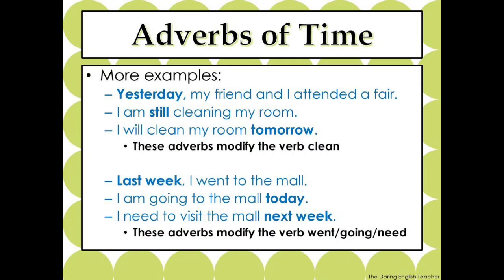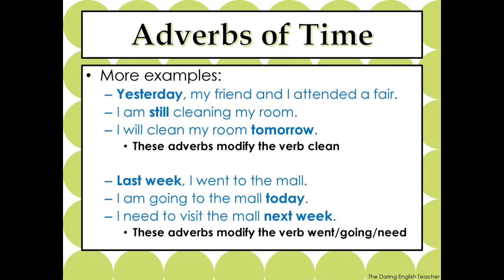Look at the next set of examples. Last week, that is past action: I went to the mall. So last week is the adverb of time that shows the past action. Then, I am going to the mall today. Today shows the present action, that is adverb of time. Then the next example, I need to visit the mall next week.